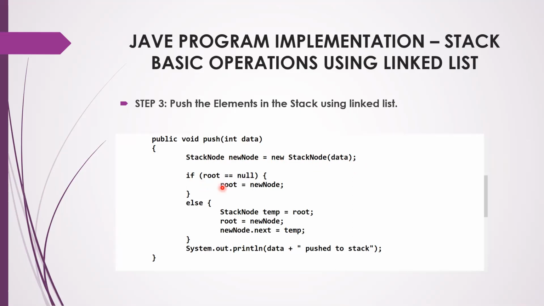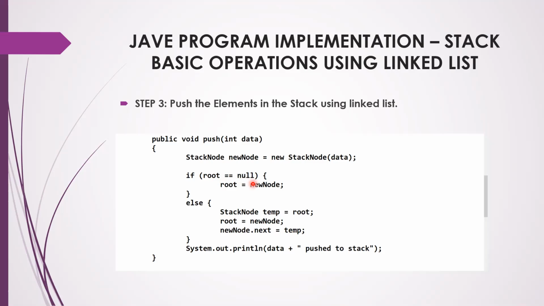Now you have to check if root is equal to null. Because it is a push, you have to check first. Here in linked list, you have to check whether the root is null. If it is null, you have to make the new node the root. That's why we are checking here whether root is equal to null.